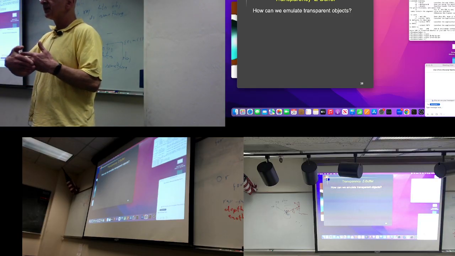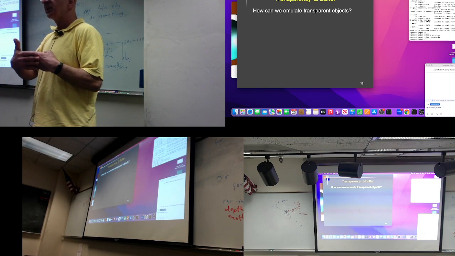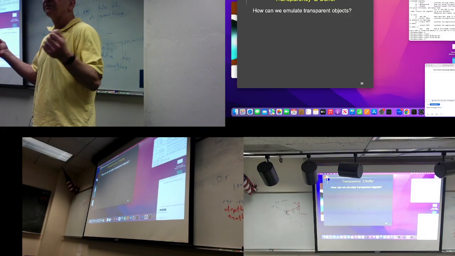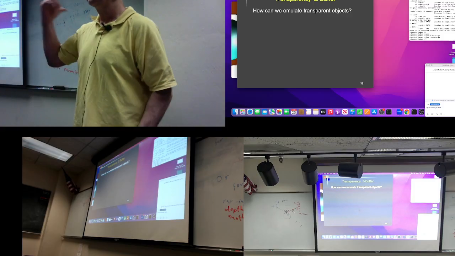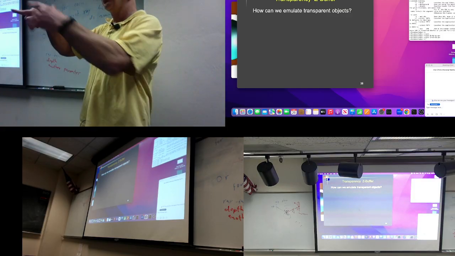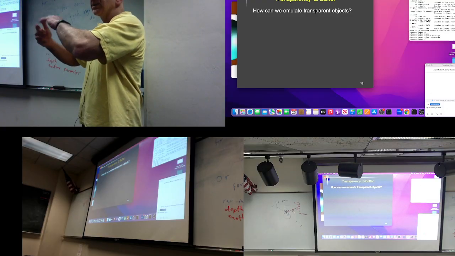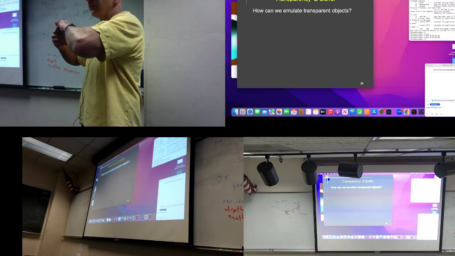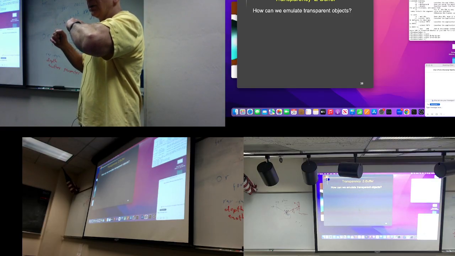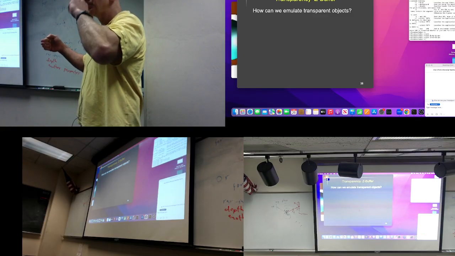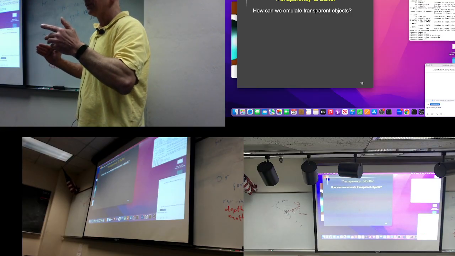Even with a certain amount of transparency, if the object is completely transparent at the pixel level, and I go back to the Z buffer algorithm and run into a pixel that has alpha equals 0, completely transparent, just ignore it. It doesn't affect the depth and doesn't affect the color. What happens if I have objects that are semi-transparent?